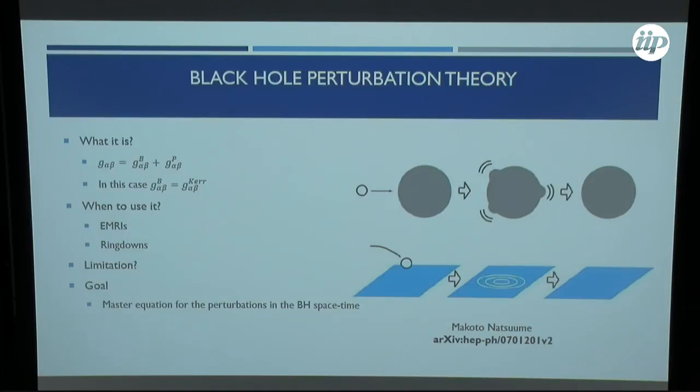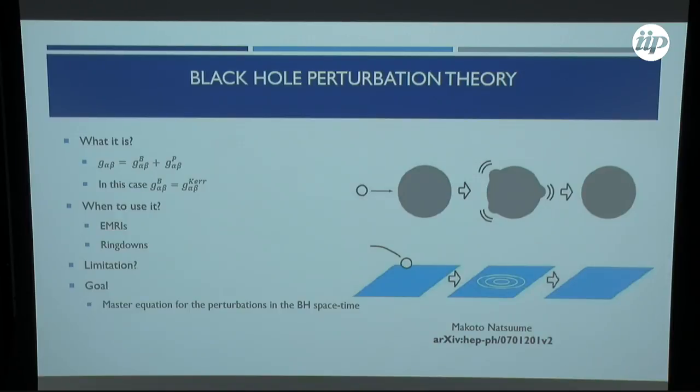The limitation of this theory is that we have to stay where the perturbations are not so big. So, for instance, I said that some quasi-normal modes can lead to instabilities, but at some stage, if you have this positive imaginary part of the quasi-normal mode, numerical relativity would come into place, so you would have a different theory there.